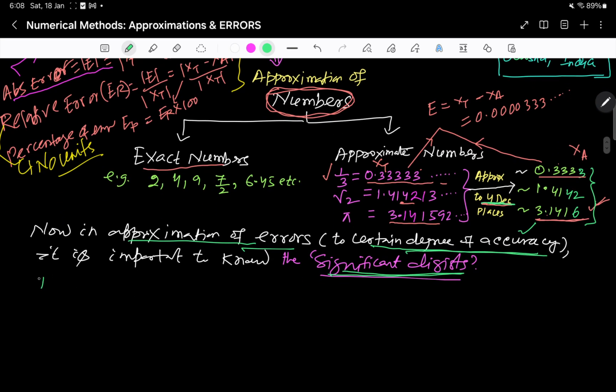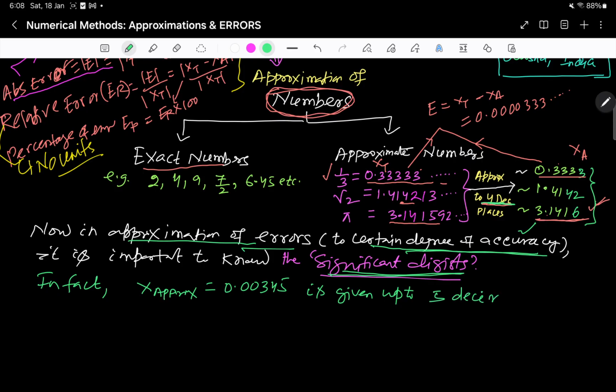In fact, suppose my x approximate value is 0.00345. It is given up to 5 decimal places. However, the degree of accuracy is correct up to 3 significant digits, right?